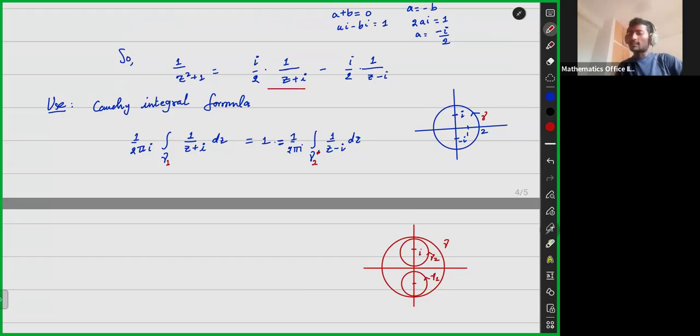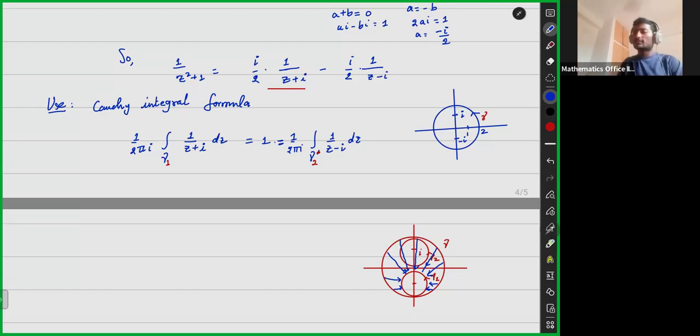So what happens is this kind of homotopy. The problem is at minus I, so this homotopy does not pass through minus I, so we can deform from one curve to the other.